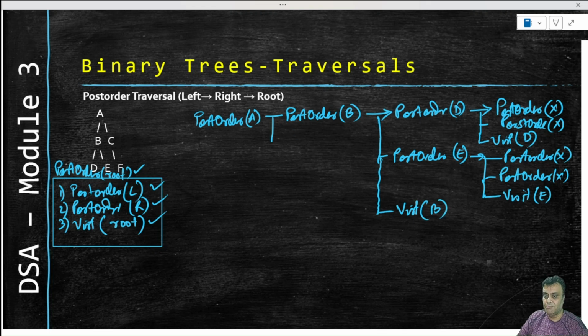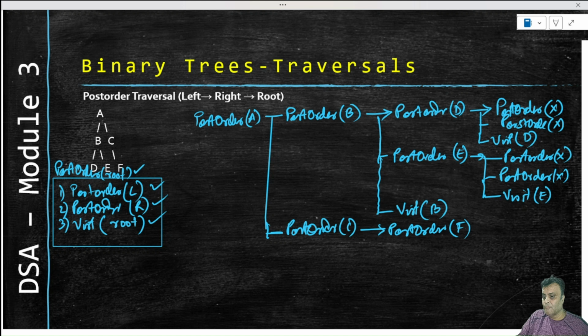Now this B, this was the left subtree, so now it can go to the right subtree. So the right subtree of this would be my post order of C. So the post order of C will have the post order of F, and the post order of F will have the post order of the left subtree of F. In fact, my bad, because we are going right.